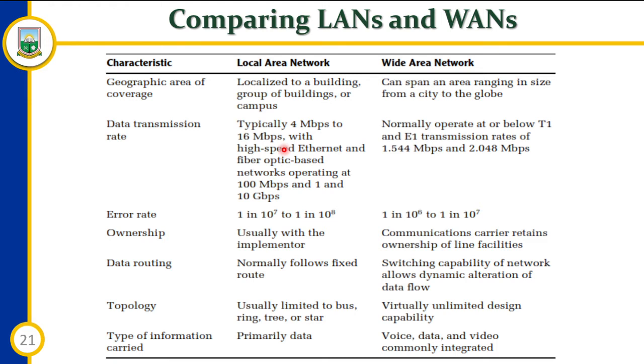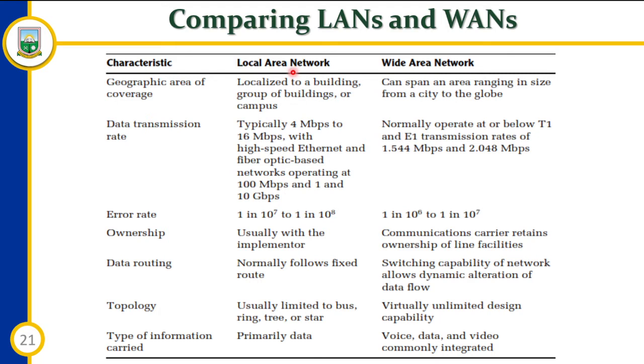This is the transfer rate from one point when you're downloading on the network. So for a local area network, it would be from 4 megabits to 60 megabits, with high speed internet and also fiber optic based operating at 100 megabits per second and also 1 and 10 gigabits per second.